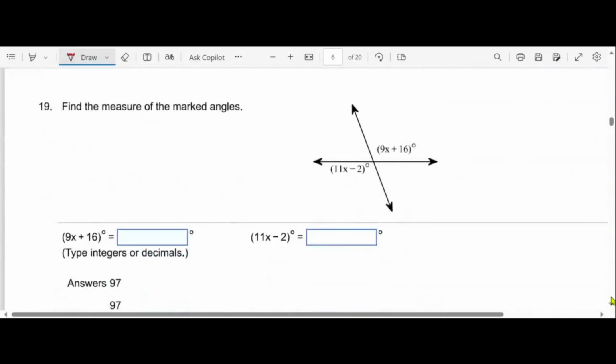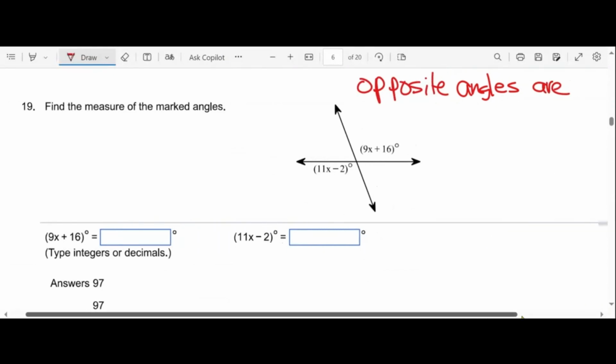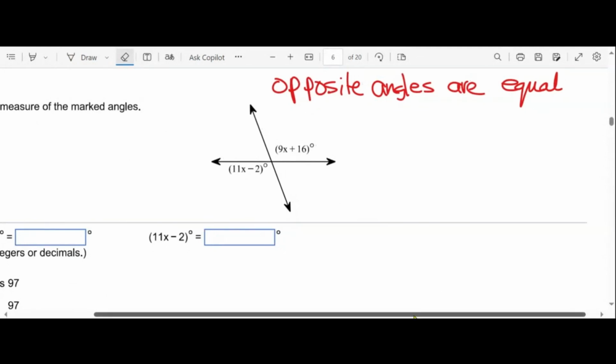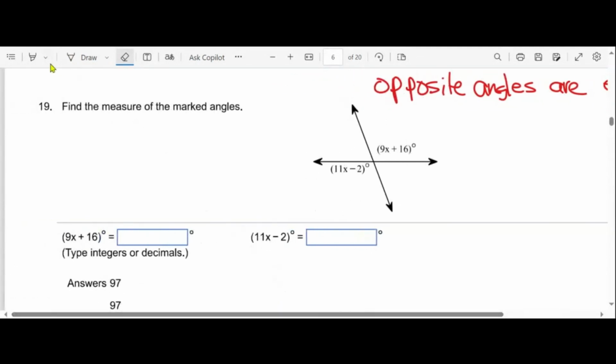Oh, this one came in the test. Remember, first test? So opposite angles are what? Opposite angles are equal, correct. So what should I write here?